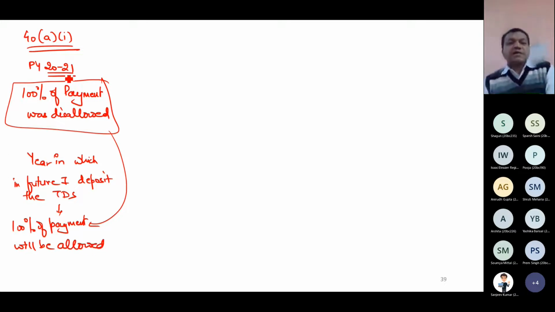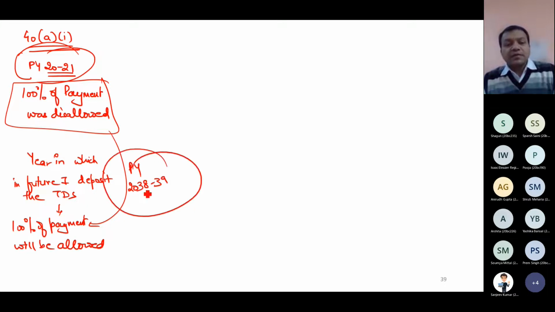So if payment was related to previous year 2021, I didn't deposit the tax in 2021, I deposited the tax in previous year 2038-39 for example, then I can debit the expenditure in 2038-39, there is no problem.